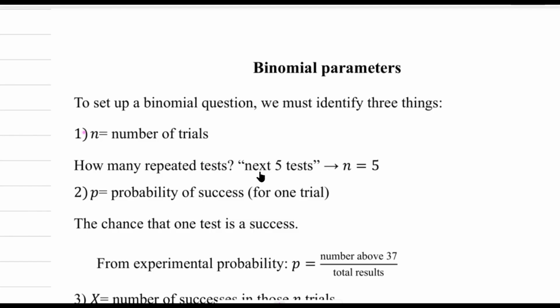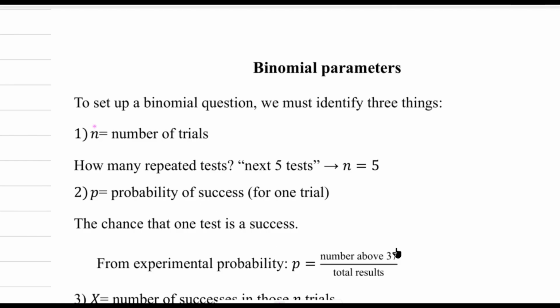For example, the next 5 tests, next 10 tests, or something in the future. The first one, the number of trials, depends on the decision of the factory, for example.